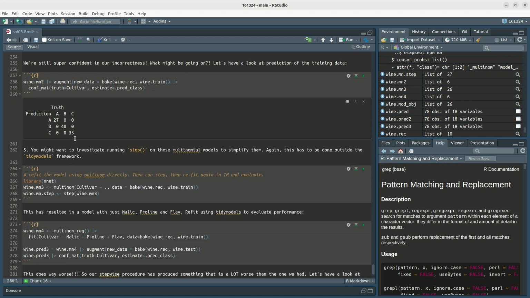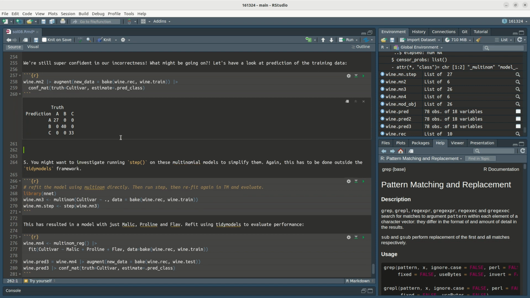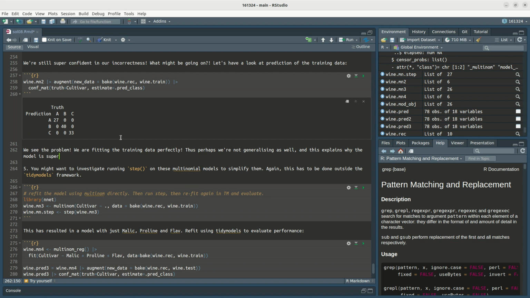And you can see the problem, right? We are 100% fitting the training data. Thus, perhaps we're not generalizing as well, and this explains why the model is super confident about its predictions.